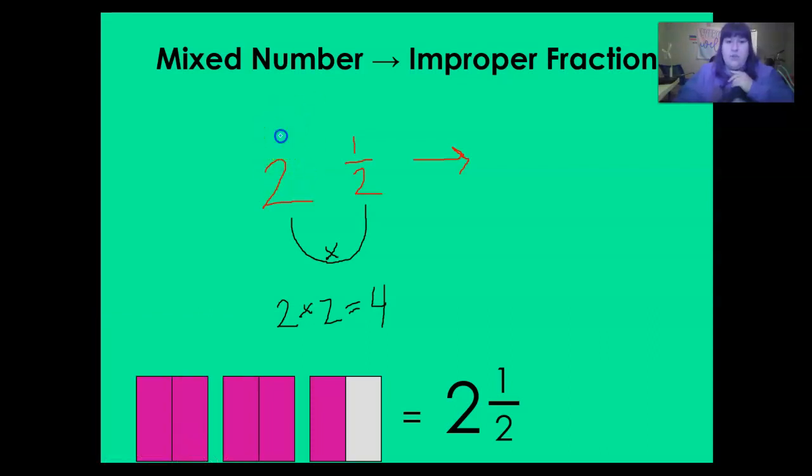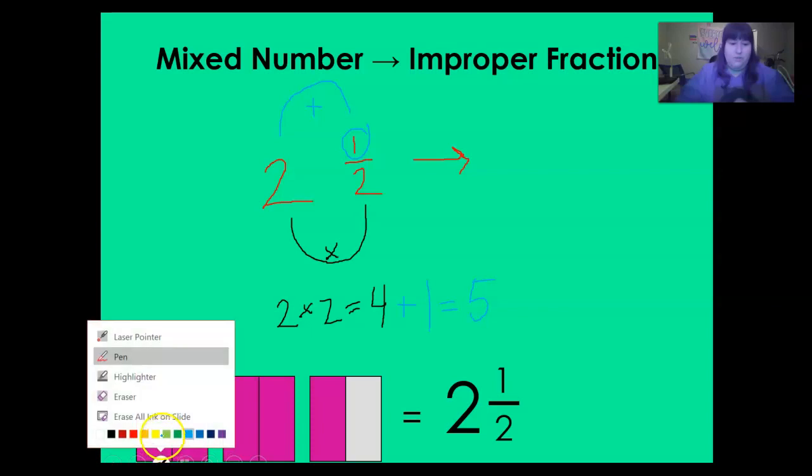The next step is that you need to add your numerator, because your 4 parts come from the 2 wholes that you have, but you also have some extras. So 4 plus that 1 extra piece you have equals 5. This is your numerator.